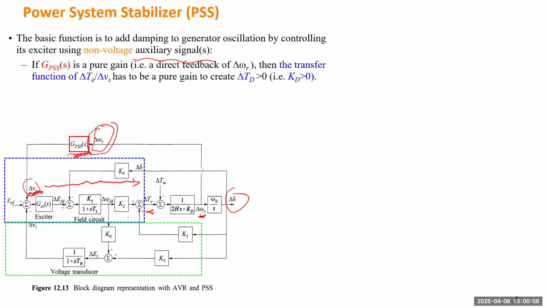So if the transfer function of the PSS is simply a K, and K multiplies the speed deviation, if the output has the meaning of electric power, this K, if you take a positive value, will be added to the KD, the damping coefficient, right?